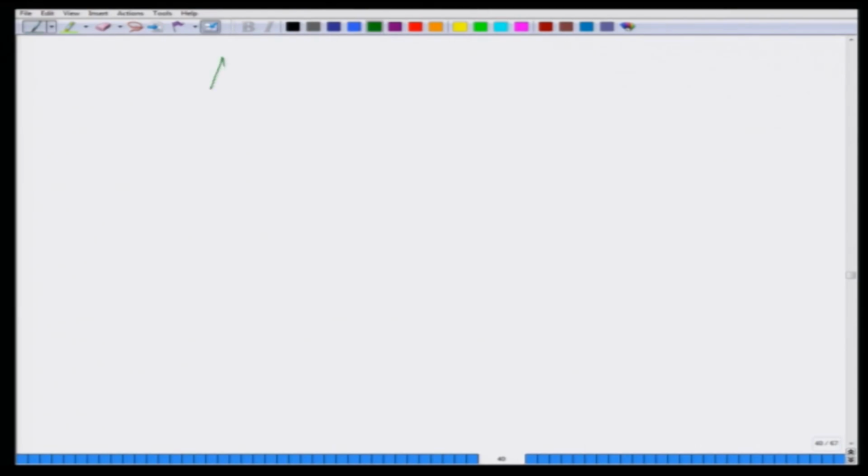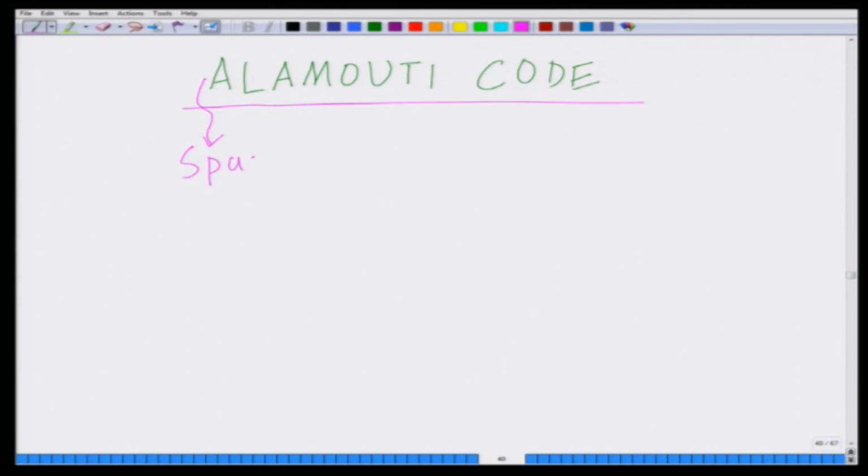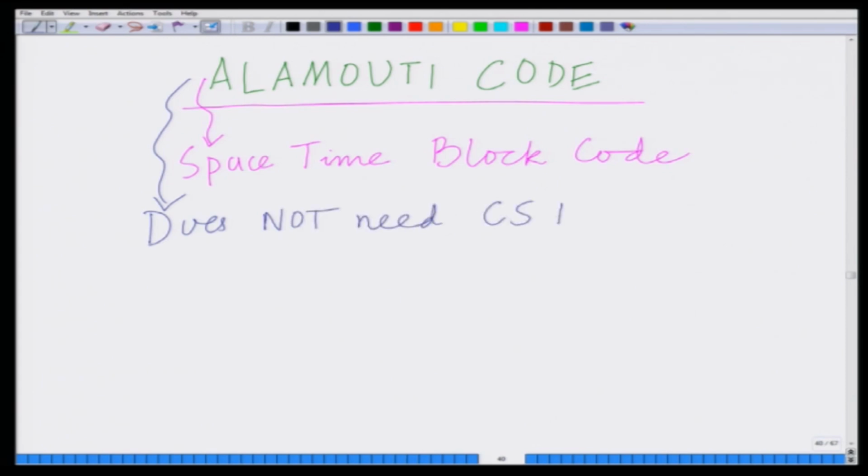So, in this module we are going to focus on the Alamouti code, which is a space time block code, and this does not need channel state information or knowledge of the channel coefficients.